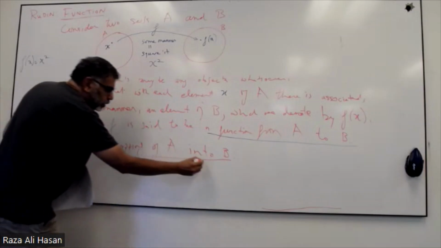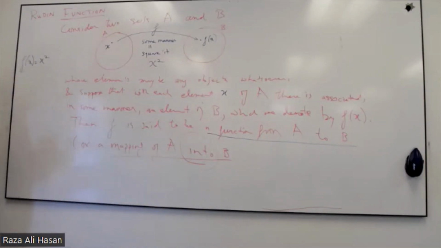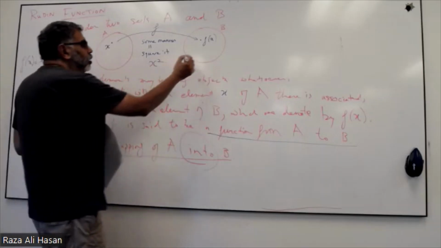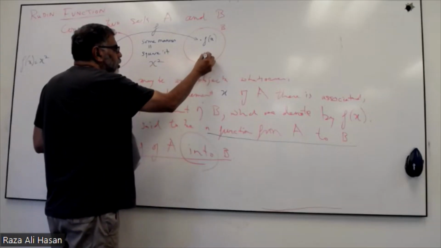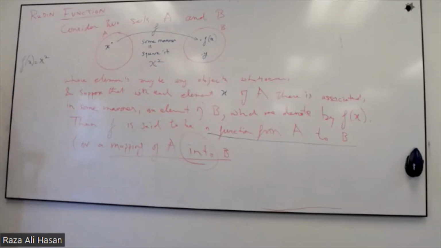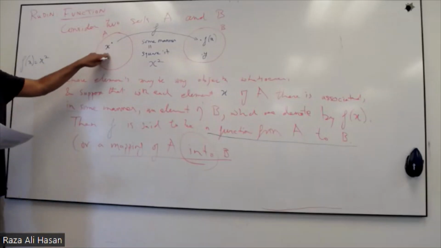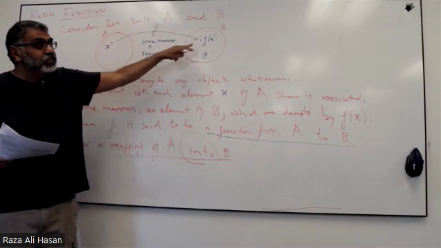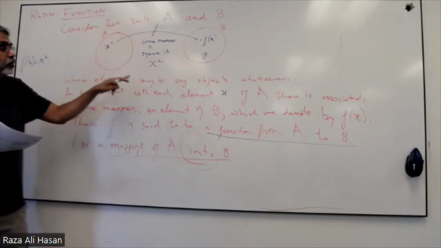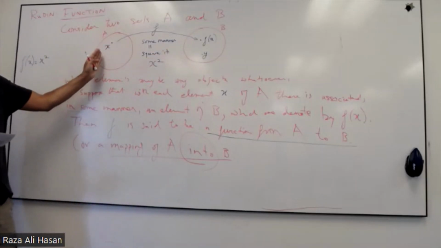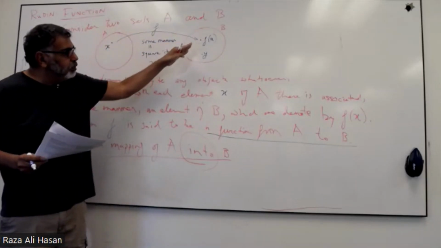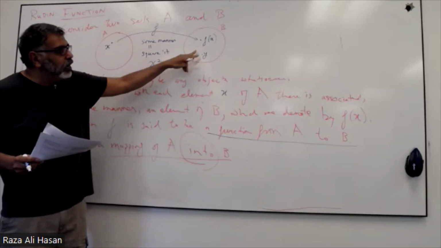So this thing here is the key thing, because, for instance, what if there were 2 objects here? There's another object, let's call it Y. So everything here maps to something here. Into means it maps into this B, but not to everything.